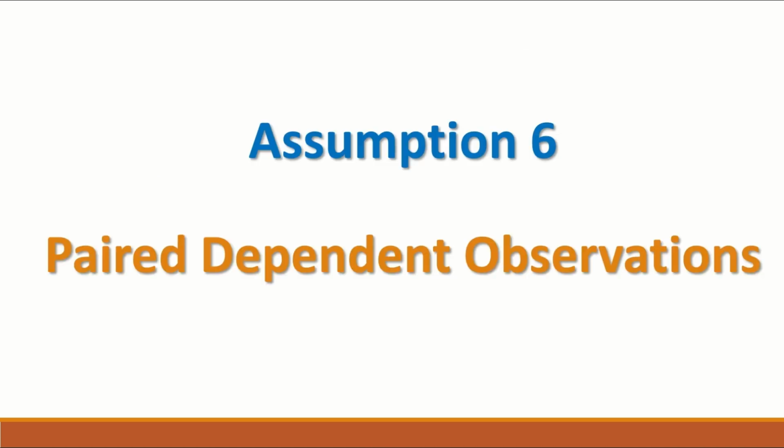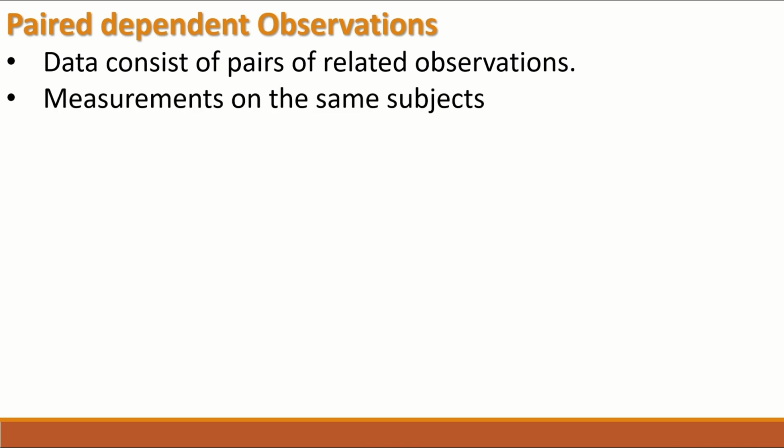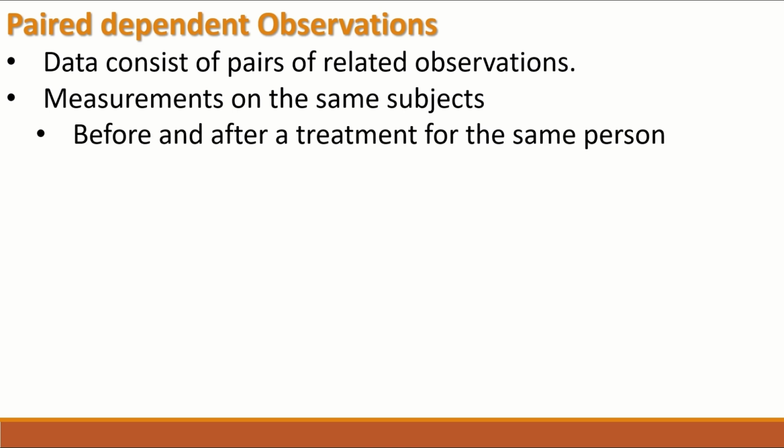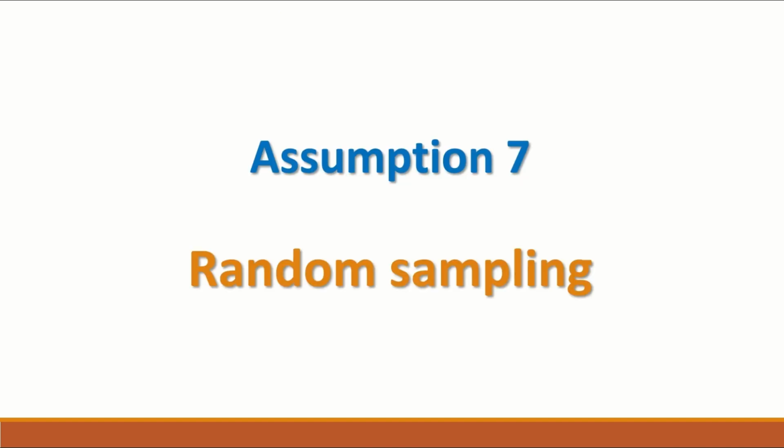The sixth assumption is paired dependent observations. Data consists of pairs of related observations. So the measurement is taken on the same subject, such as before and after treatment for the same person, or different measurements from the same subject.